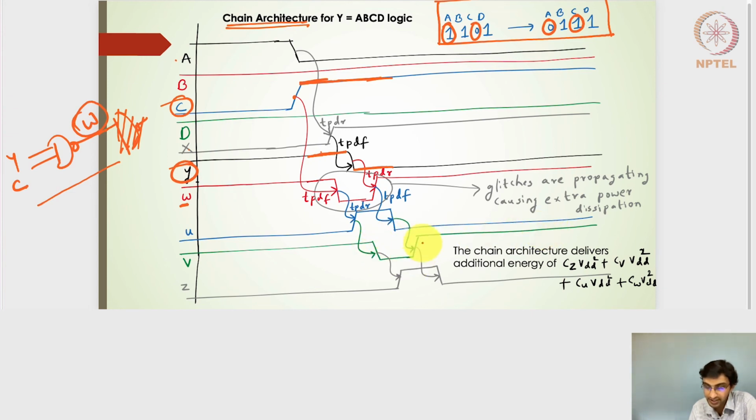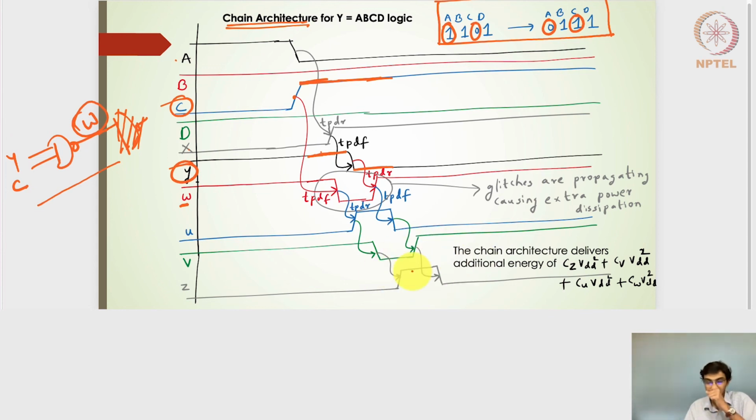So again, this glitch is propagated to V, starting from W to V via the U. And lastly, the Z output, which is nothing but the inverted output of V. So this glitch is propagated from W till the final output Z.